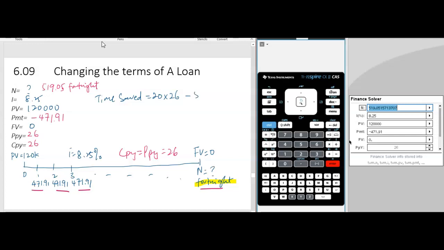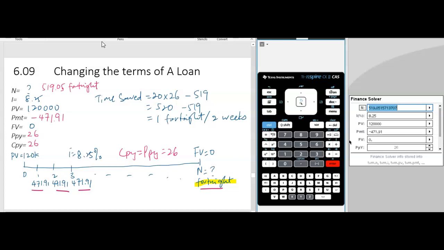I just do the rounding to 519. So this one is 520 minus 519. So you end up with 1 fortnight, or 2 weeks earlier.